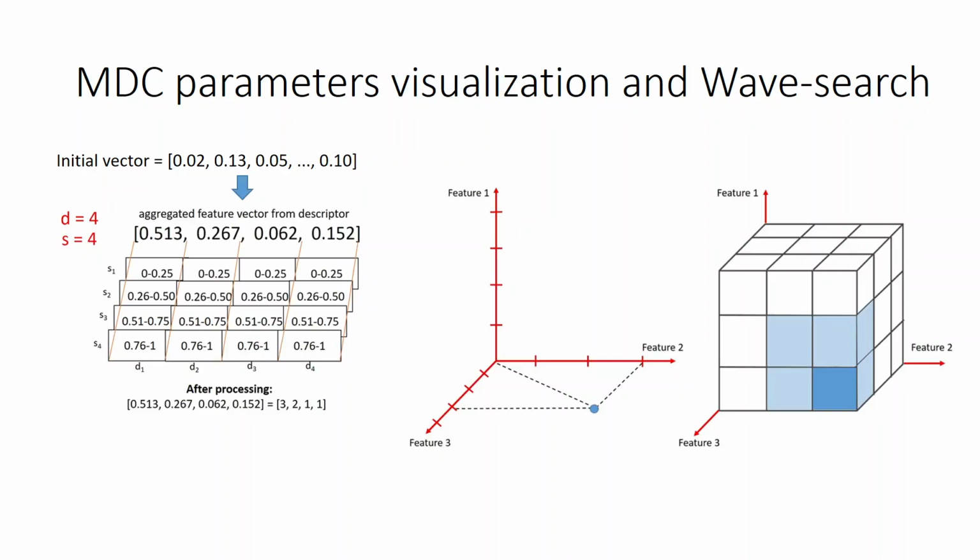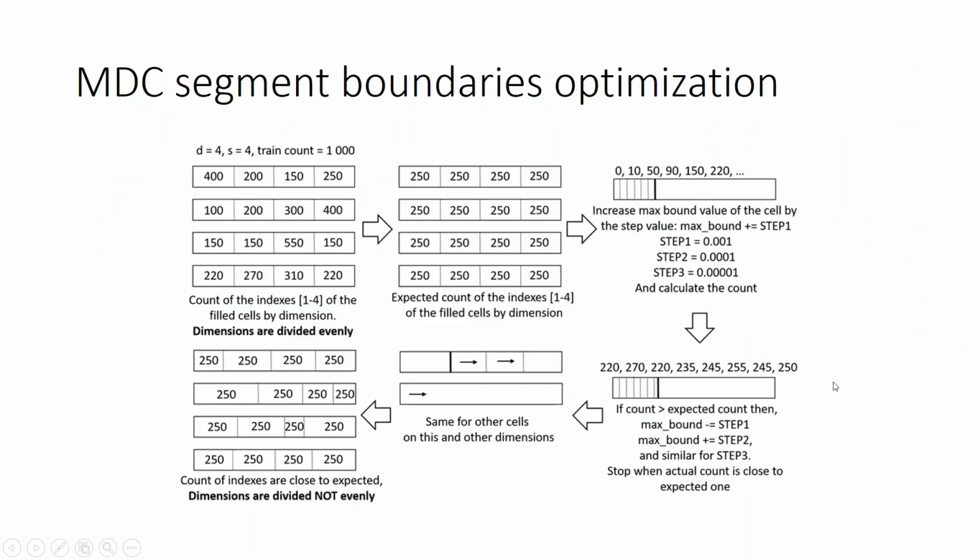Then if the search in this cell is not successful, we execute a search in the nearest cells with length 1, step 1, and then if it's not successful, we continue to increase or decrease the indices by a difference of 1, 2, 3, and execute waves near this initial target cell.